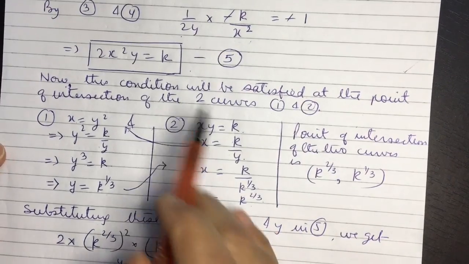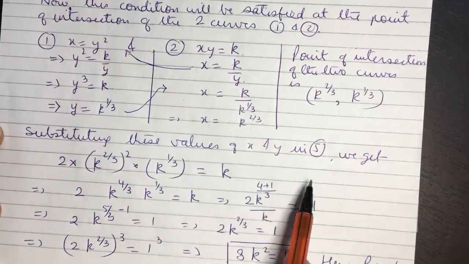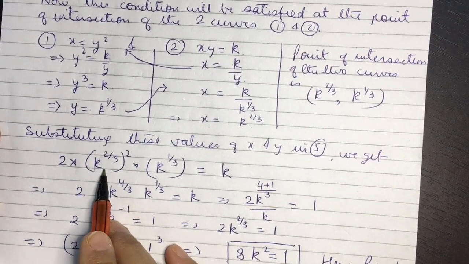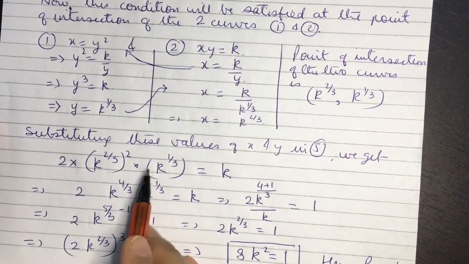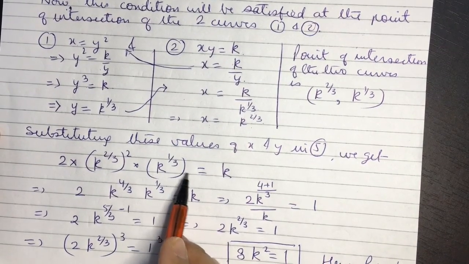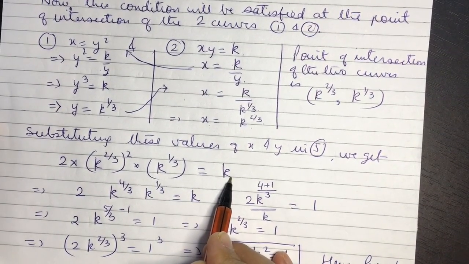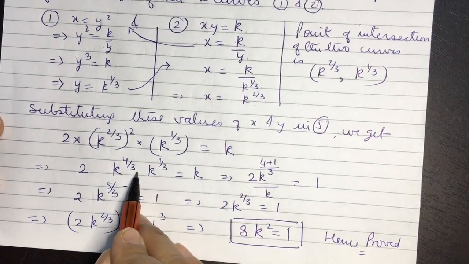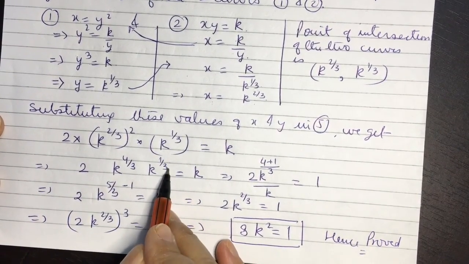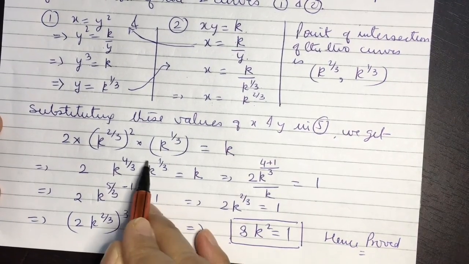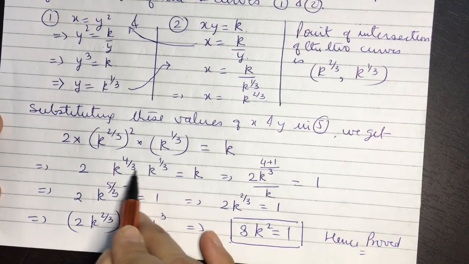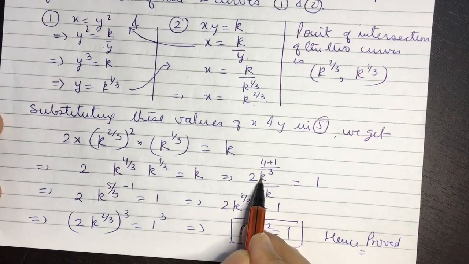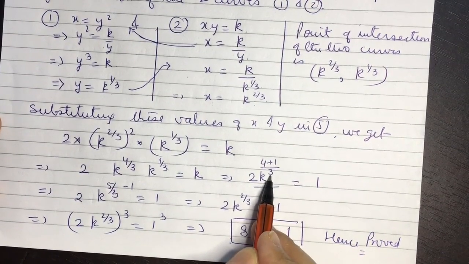which is the required condition, we get 2 into k raised power 2 by 3 whole square into k raised power 1 by 3 is equal to k, which on solving gives us 2 into k raised power 4 by 3 into k raised power 1 by 3 equal to k. These two get added and it becomes 2 into k raised power 4 plus 1 by 3.